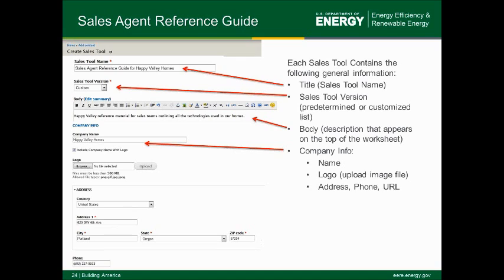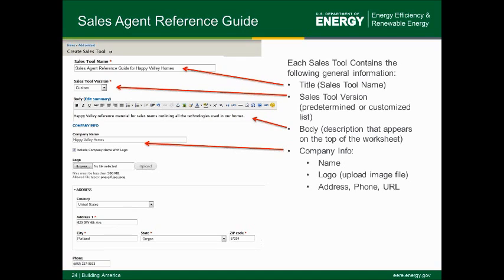The sales tool version. Now we'll go through both versions, but a quick rundown. You have an option. You can either do a custom option that gets you any content that you want in the sales tool. I think there's over 100 different terms, 100 different innovations to pull in.